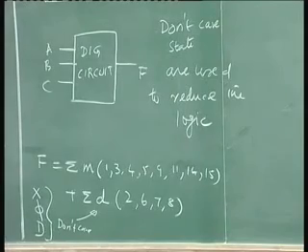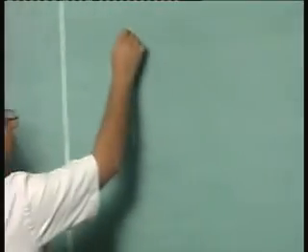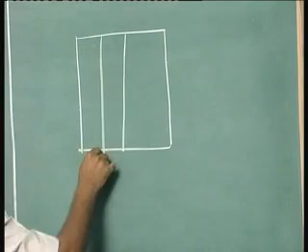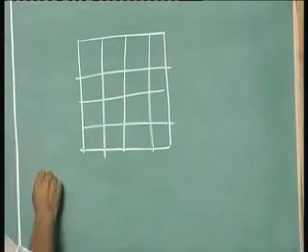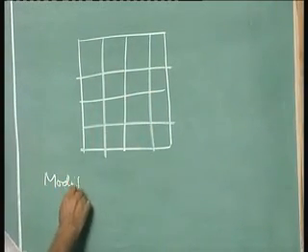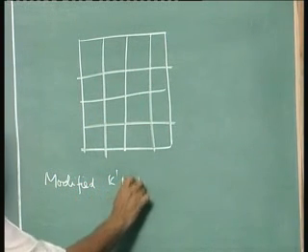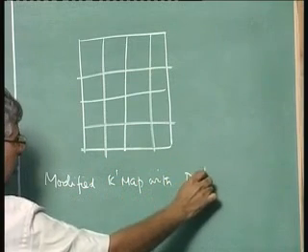So my map gets modified with don't care. This is a modified K map with don't care states.